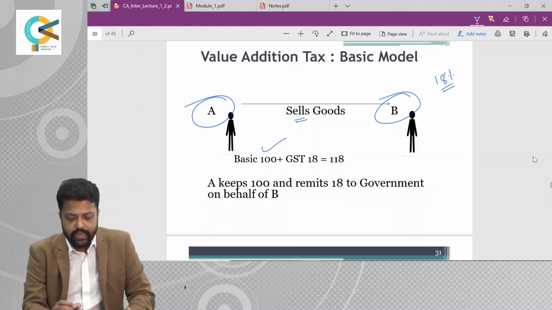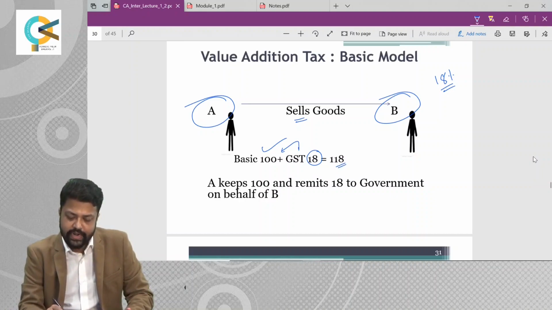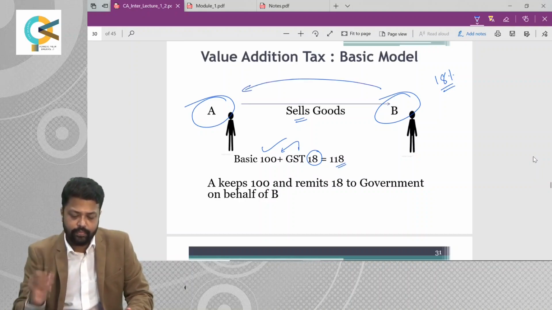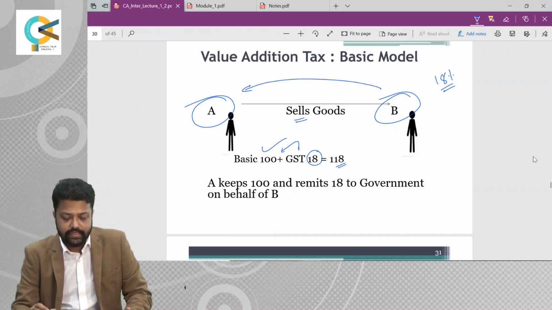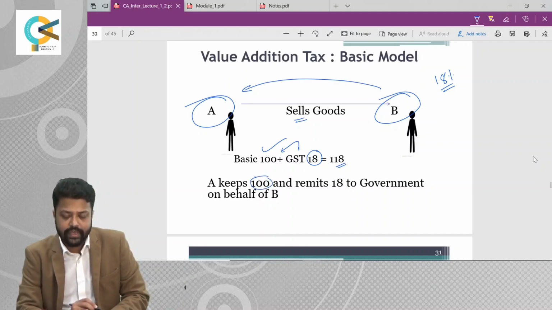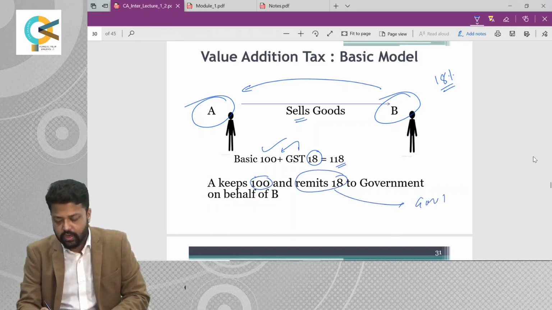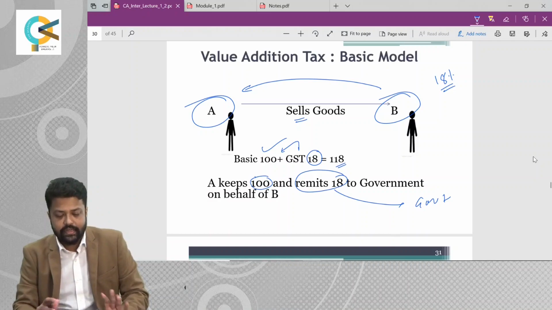So A charges rupees 18 as GST on this value of the goods and recovers rupees 118 from B. A keeps the 100 rupees for his goods and remits the 18 rupees to the government. This is how we need to operate in any practical scenario.